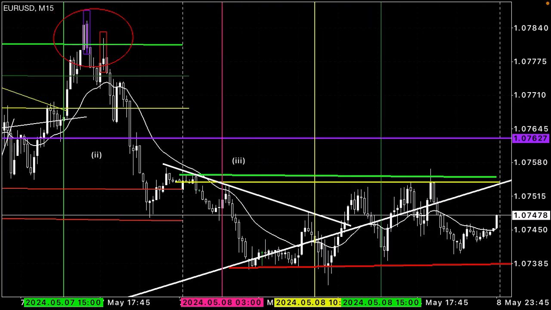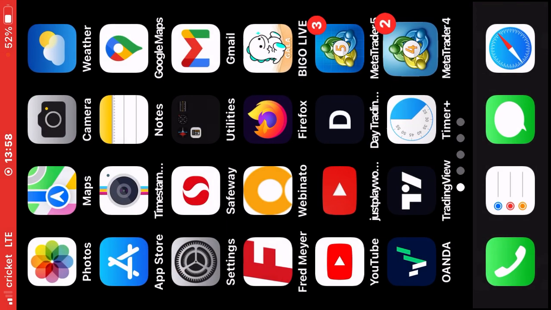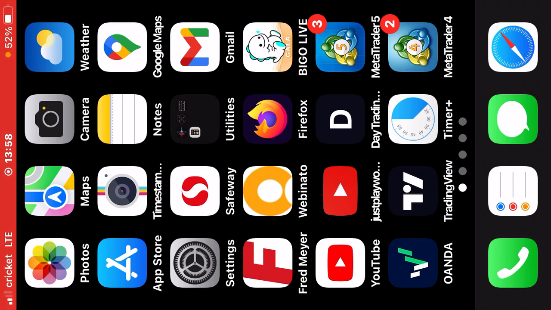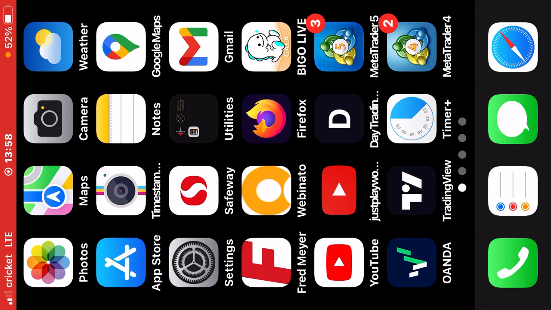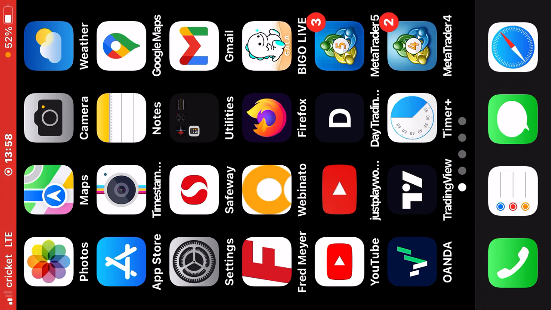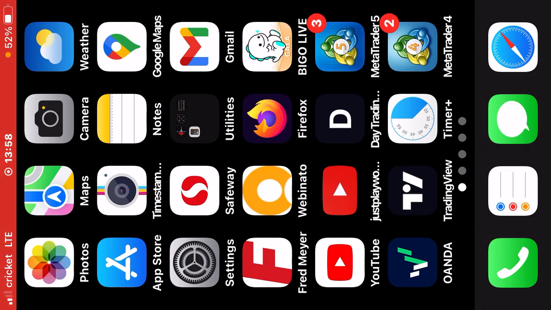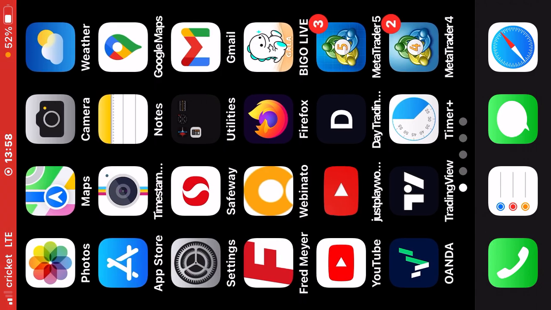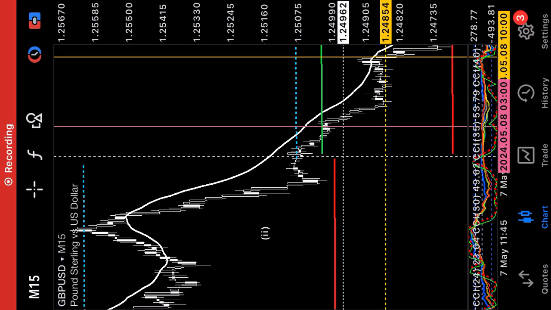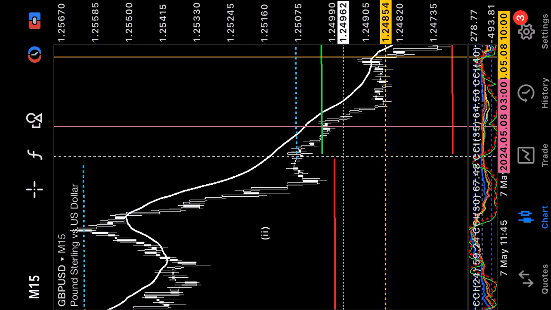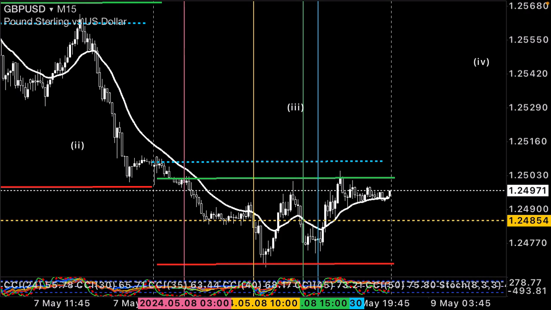And on this particular MT4 platform, which is different from MT5, MetaTrader 5, down at the lower right corner, just above the Safari navigation icon, and then MetaTrader 4.